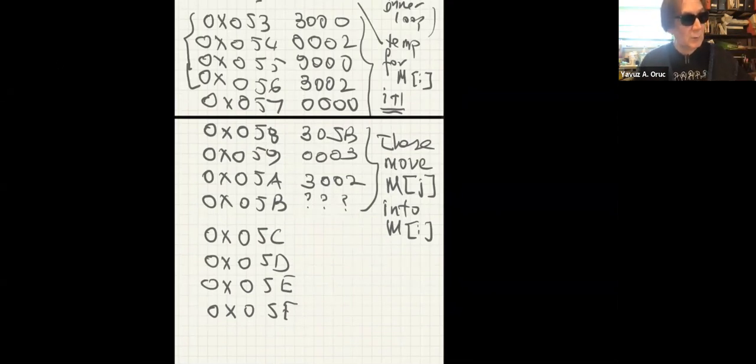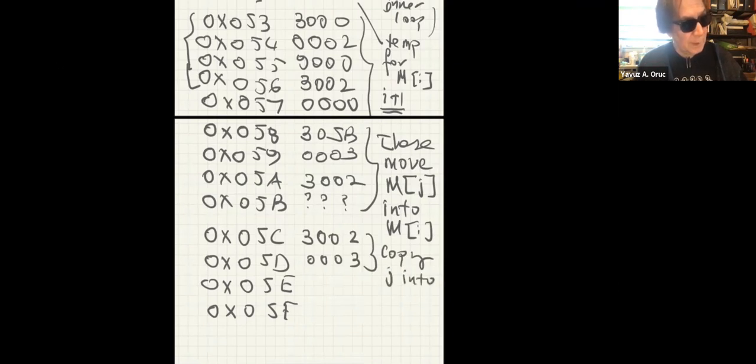So I want to copy what is in J into I, and then copy this number in there. So I think this is what we need to do. 3, 0, 0, 2, 0, 0, 0, 3. Copy J into I.